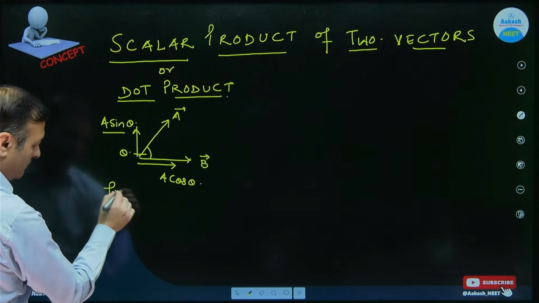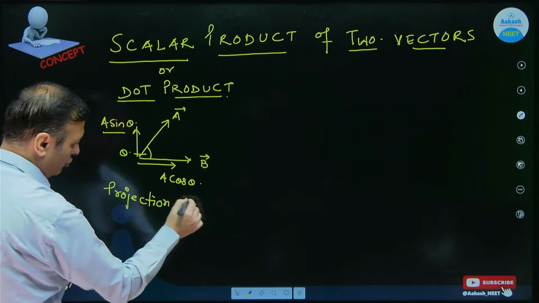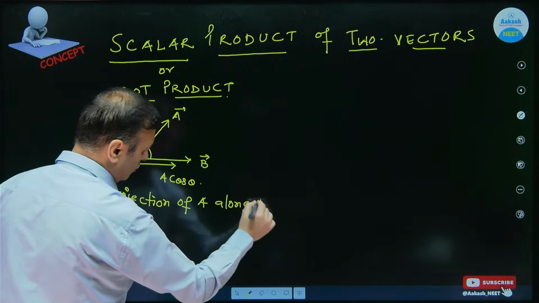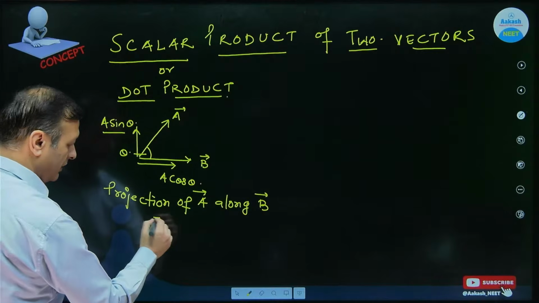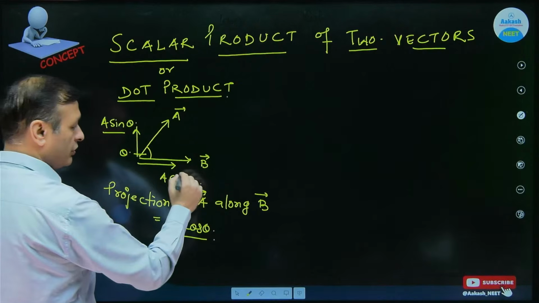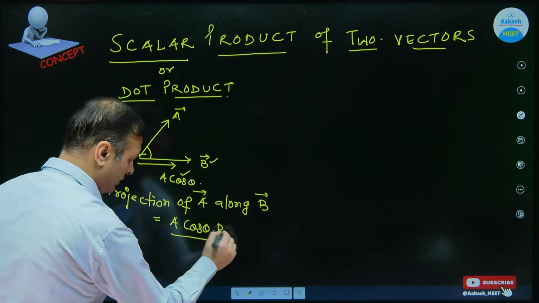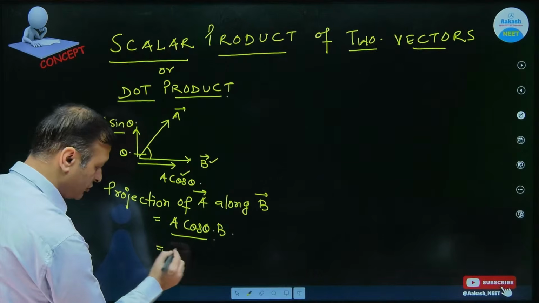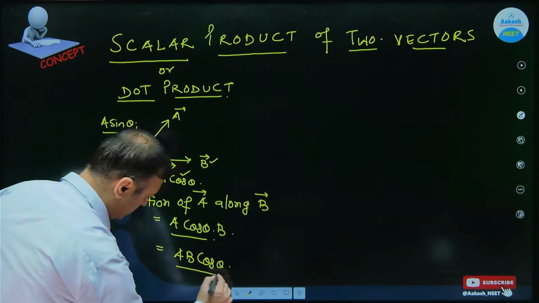So when I say, what is the projection of A along vector B, this is A cos theta. So the projection of A along B is A cos theta, and B, so we can write it as AB cos theta.